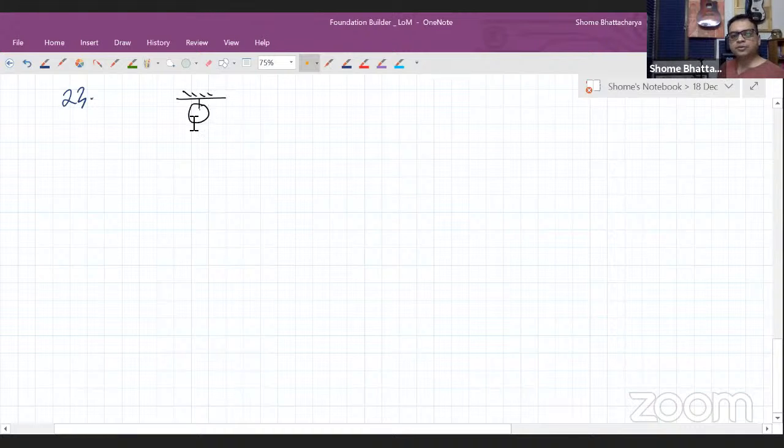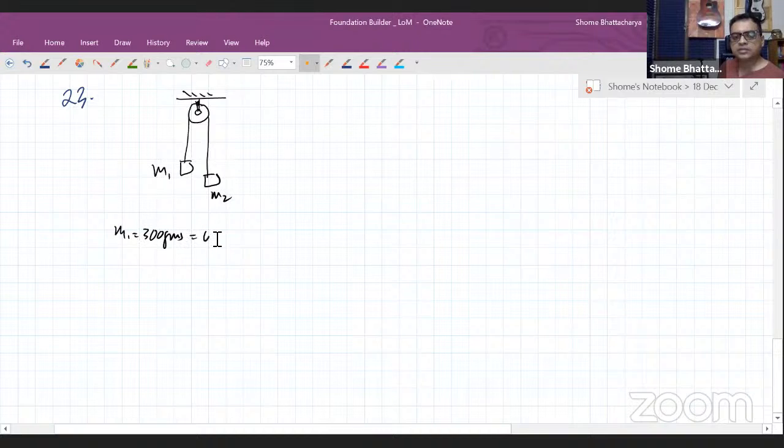So you're having the standard Atwood machine with masses on either side given to us, and they are 300 grams and 600 grams. So M1 is 300 grams, or you can write that as 0.3 kg, and M2 is 600 grams or 0.6 kg.